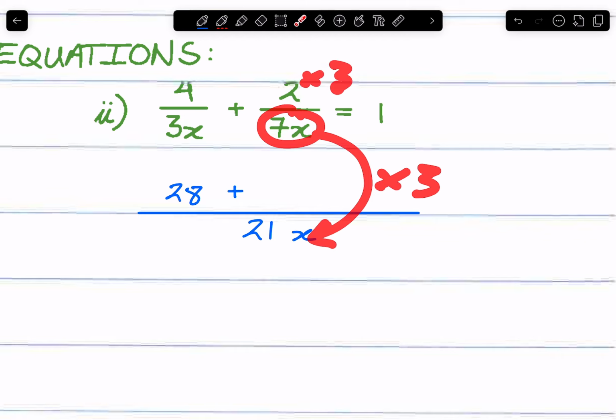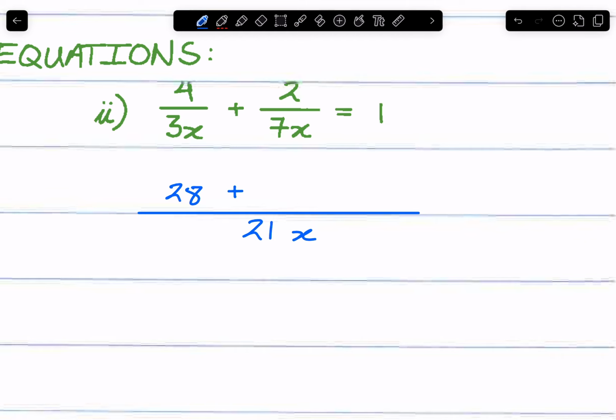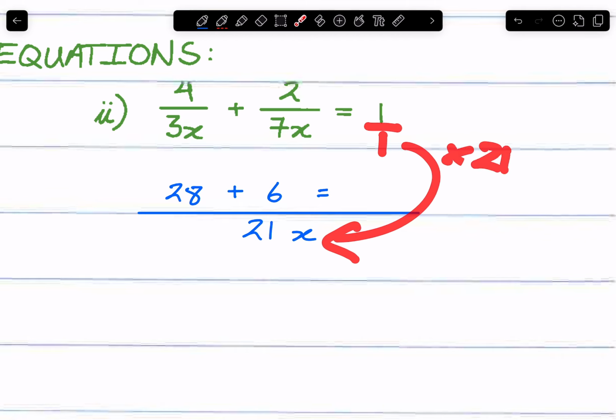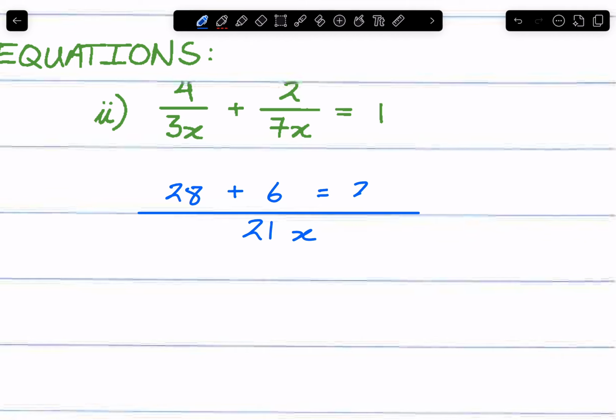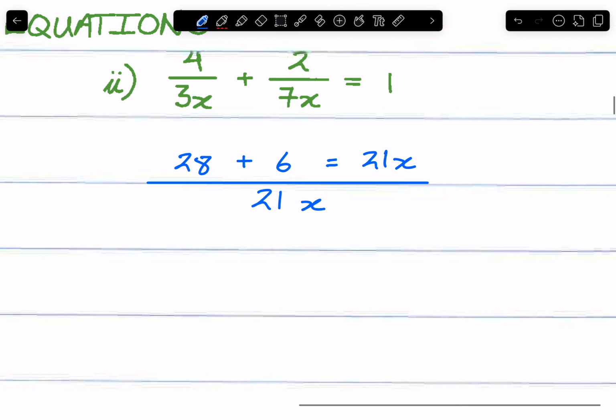So we multiply the numerator by 3 as well. So this becomes 6. Same idea for 1. And remember, these always have a denominator of 1. For 1 to become 21x, we have multiplied by 21x. So we multiply the numerator by 21x as well. 1 times 21x is 21x.